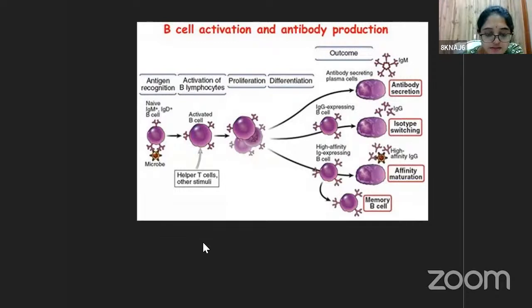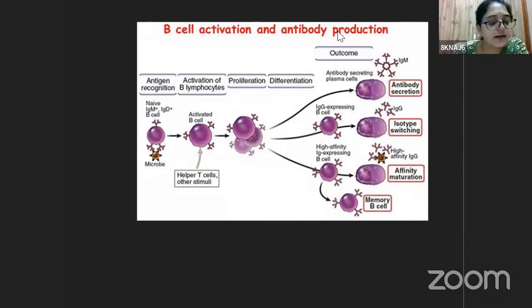So activated B cells differentiate into plasma cells and memory cells, and they have a high affinity for the original antigen. Then the plasma cells in the primary foci outside the follicles migrate to the lymph nodes or to the bone marrow, and they secrete IgM within 4 days of activation.